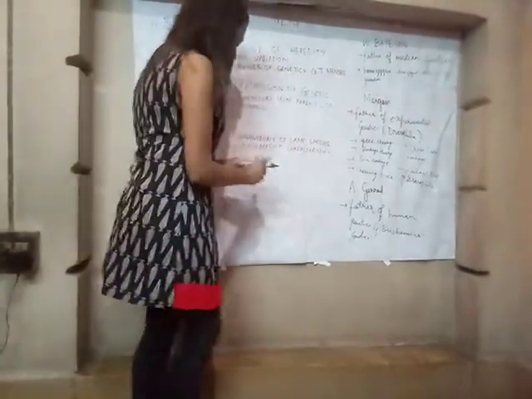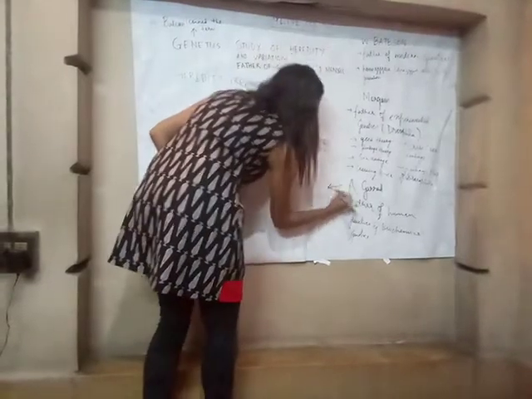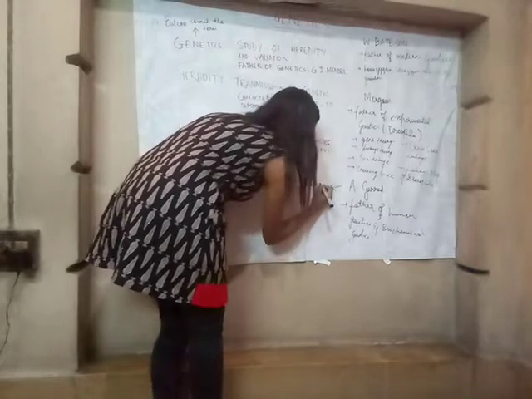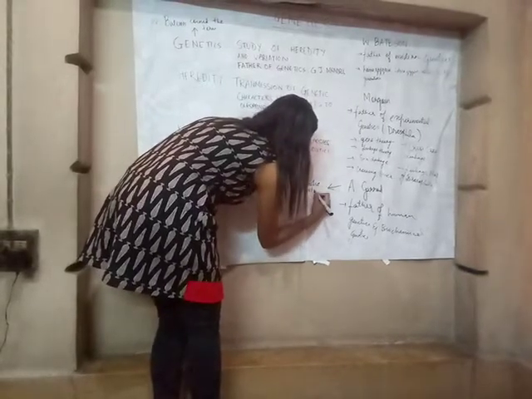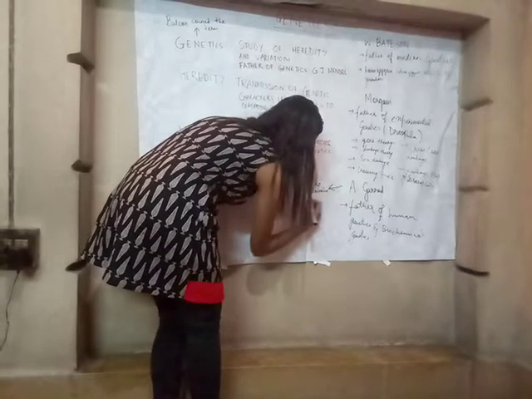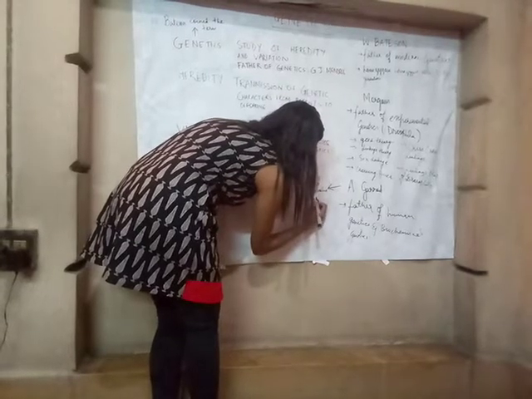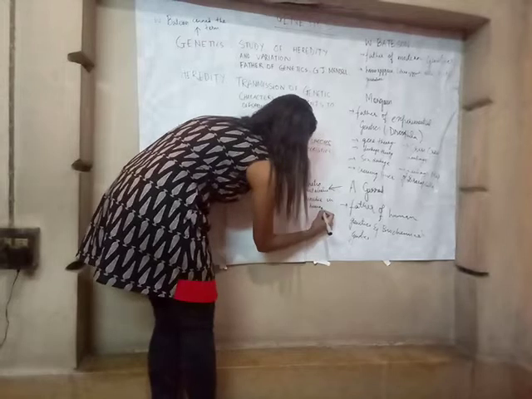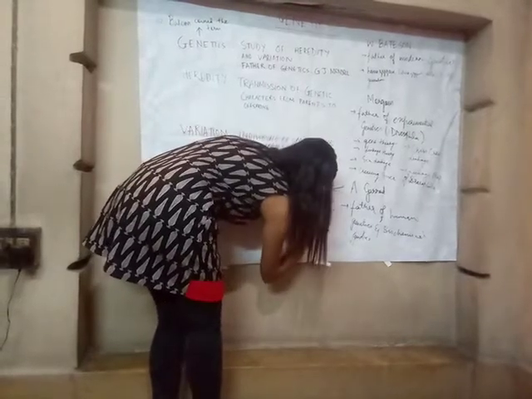So what did he do? I am writing it over here. He found out a genetic metabolic disorder in humans, known as Alcaptonuria.